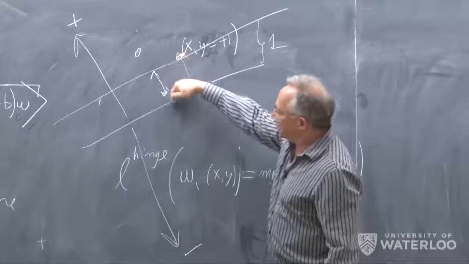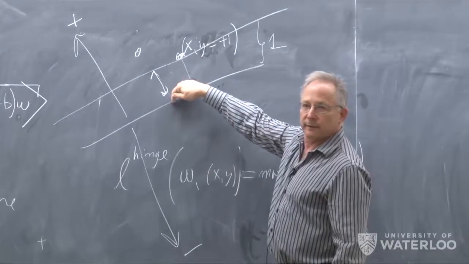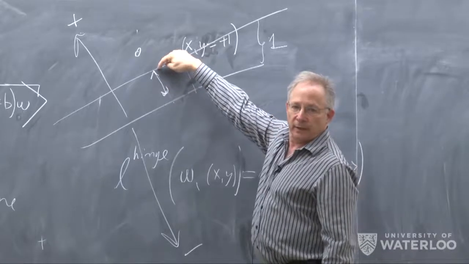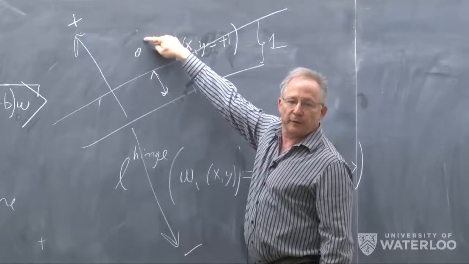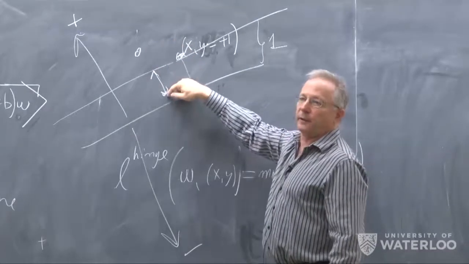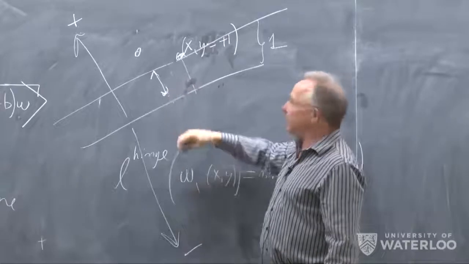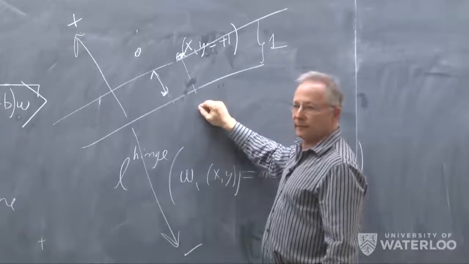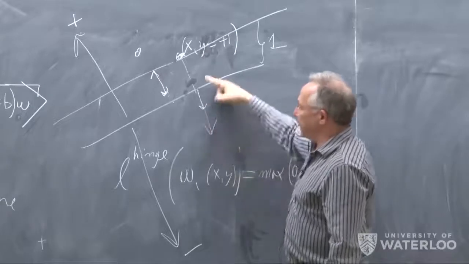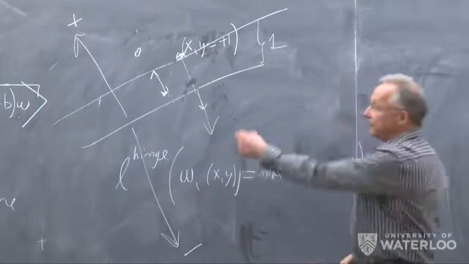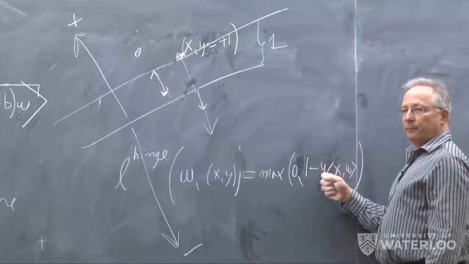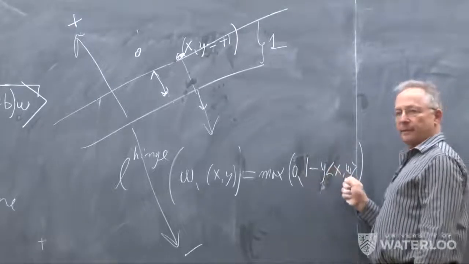The closer I get to the line, the more I pay. When I get to distance 1, I stop paying. All those points are classified correctly, and I don't pay anything. As I'm getting close to the line, I'm paying for being close to the boundary. And once I go to the other side, I'm paying 1 plus the distance to the line. Once I misclassify, this becomes a negative number, so my loss is 1 plus this distance.